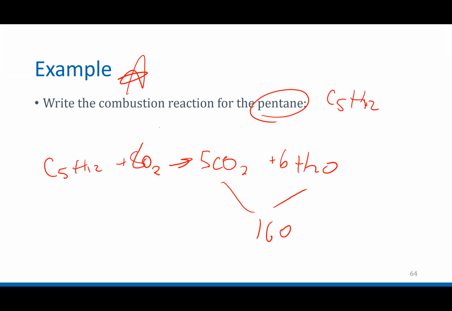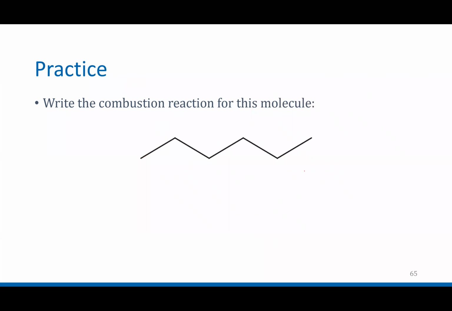This is the combustion reaction for pentane. C5H12, so there's 5 carbons and 12 hydrogens. I'm adding that to 16 oxygens, and then over here I get the same number, 5 carbons, 12 hydrogens, and then of course 16 oxygens.